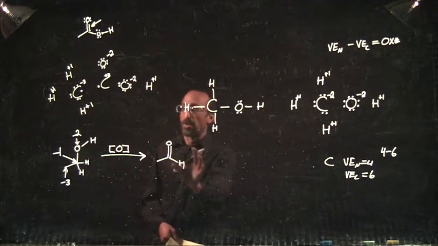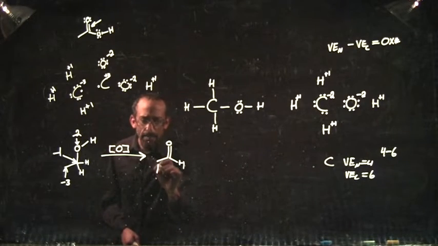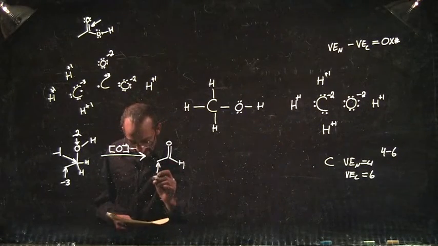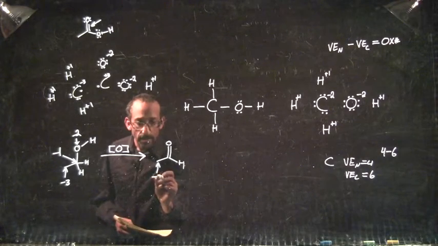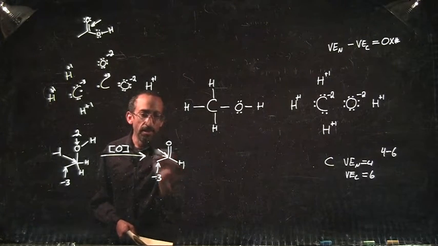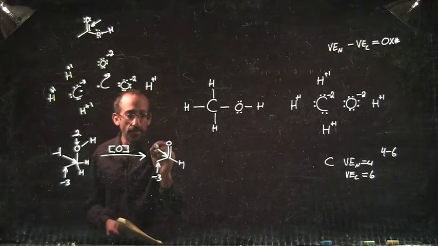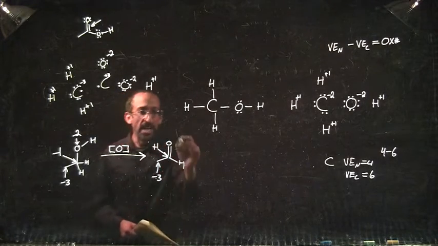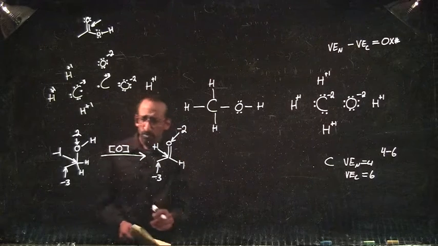If we do these same types of calculations, we'll see that the methyl carbon stays at -3. However, this carbonyl carbon now has an oxidation state of +1. And the oxygen atom stayed at an oxidation state of -2.